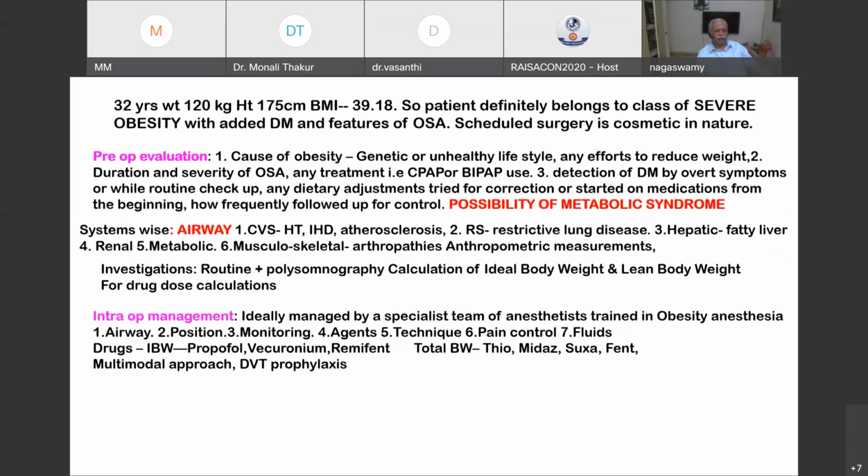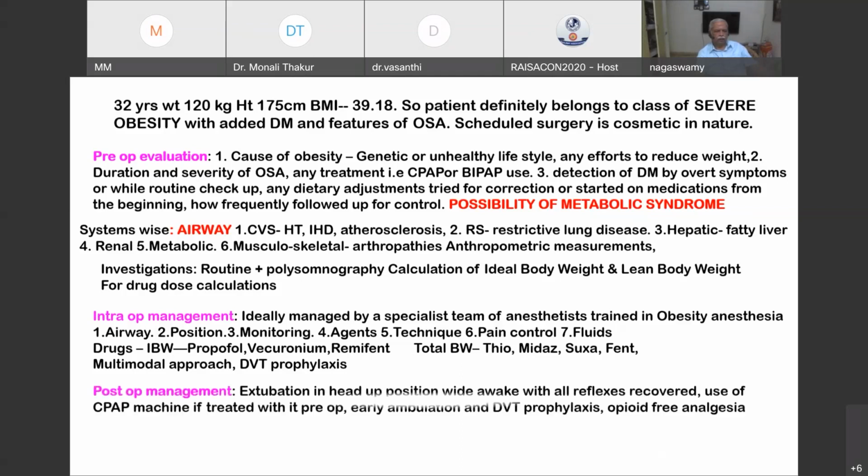Then what agents you will use for intraoperative maintenance of anesthesia, what technique, whether GA or regional, how you will manage pain, and fluids, how you will administer them and which to give. For drugs, which are given on ideal body weight and which on total body weight. DVT prophylaxis is also very, very important in the obese patient.